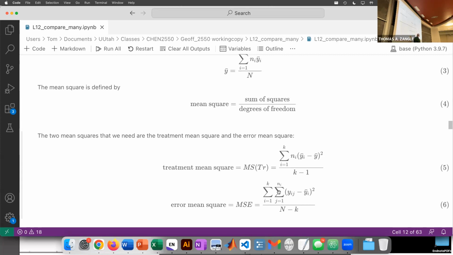In this case, the appropriate number of degrees of freedom is the total number of observations over all groups minus the number of groups, n minus k. So this tells us the difference between the means versus the variation that we observed within each grouping in a big aggregate kind of way.